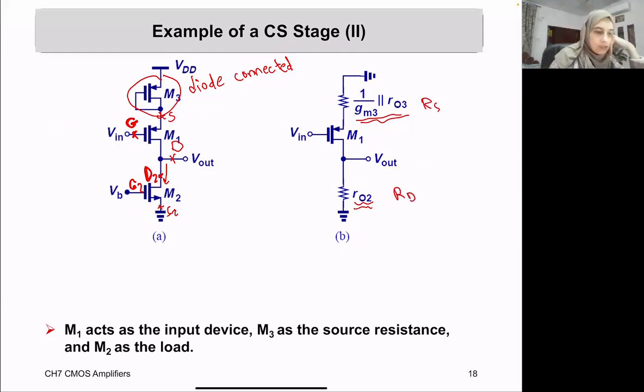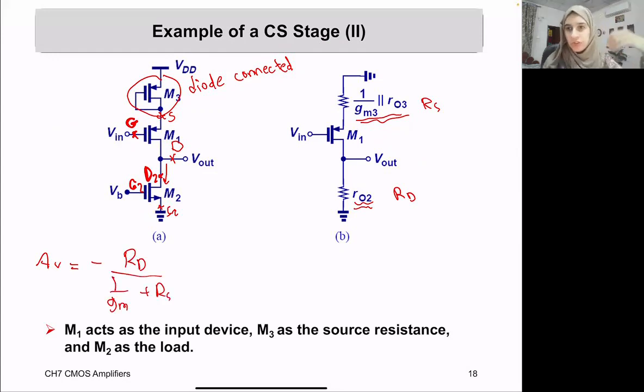And we said the typical relation of a common source with degeneration is minus RD over 1 over GM plus RS. So now what I'm going to do is replace the value of RS and RD in the general equation with the values in this particular circuit.